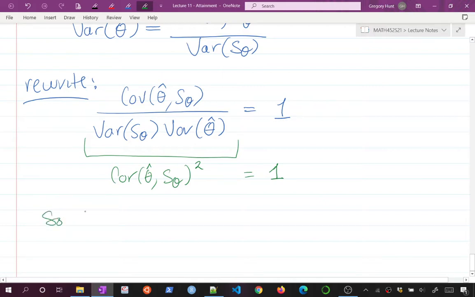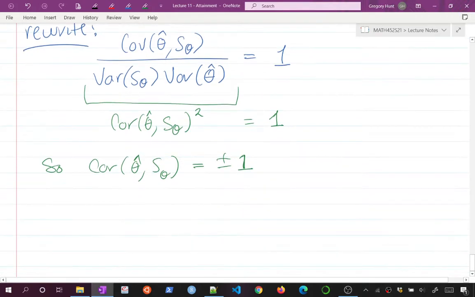If the square of this thing is 1, the correlation between theta hat and S theta is equal to plus or minus 1. We don't really know the sign.